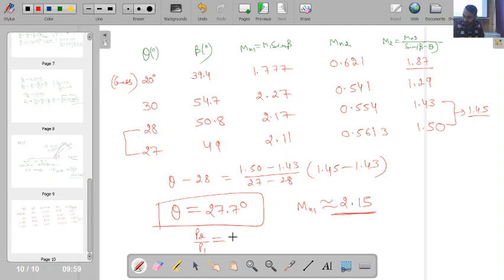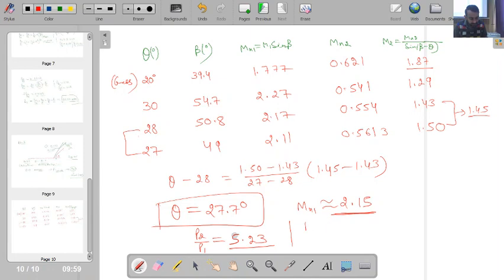So by this, if you calculate, P2 by P1 comes out to be 5.23, and our aim is to calculate the stagnation pressure P02.